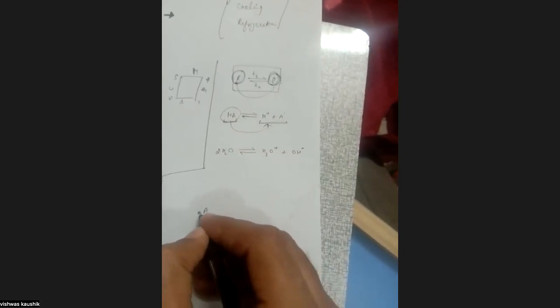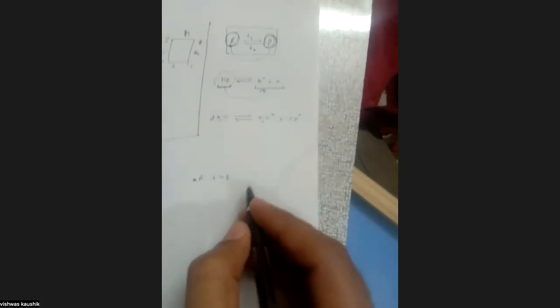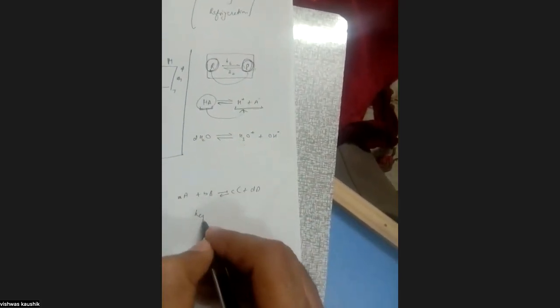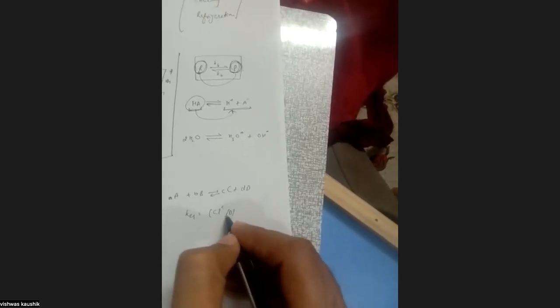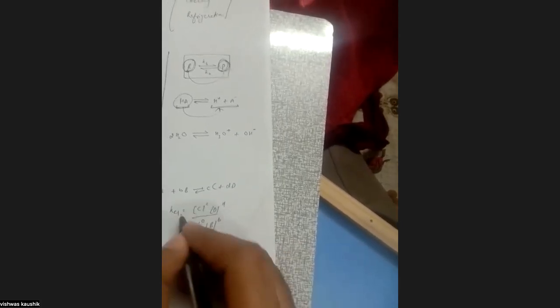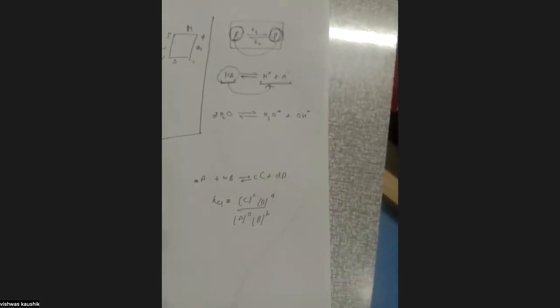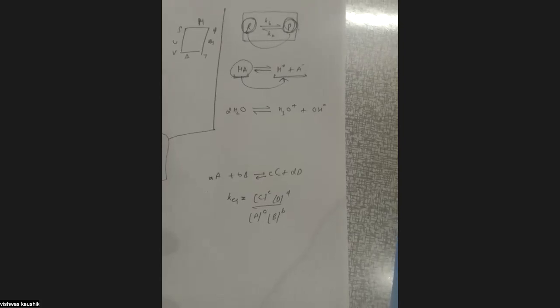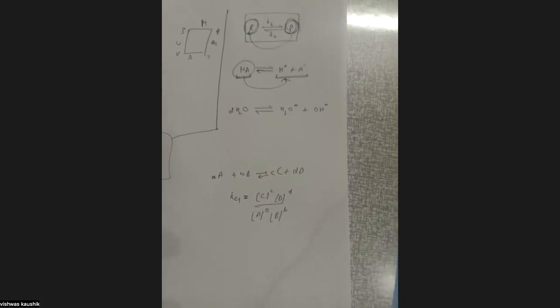For the equilibrium constant, let us say we have a process, then its equilibrium constant will be equal to... so this is how we can calculate the equilibrium constant, sir. The equilibrium constant is the ratio of the concentration of products to the concentration of reactants.